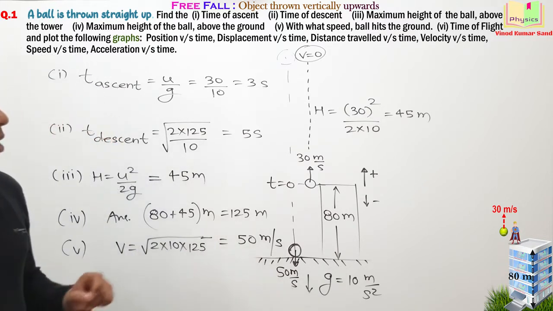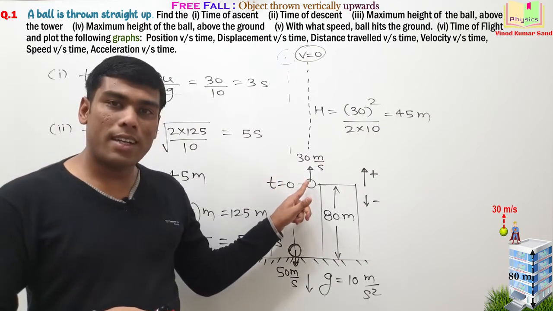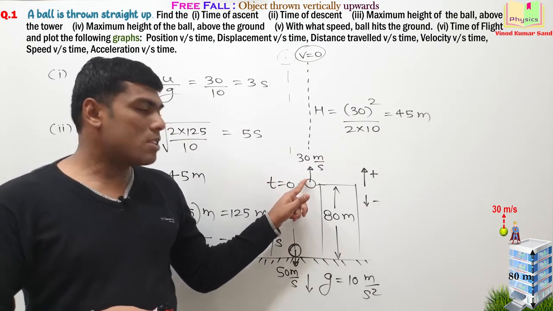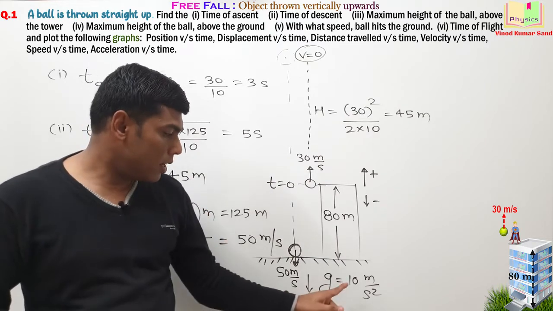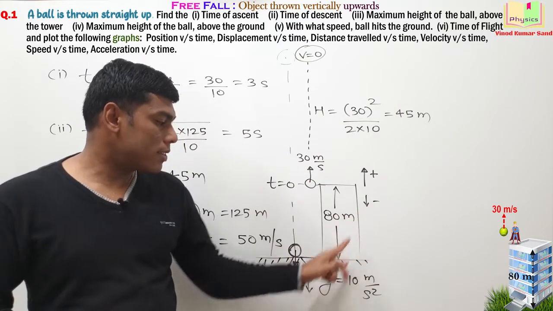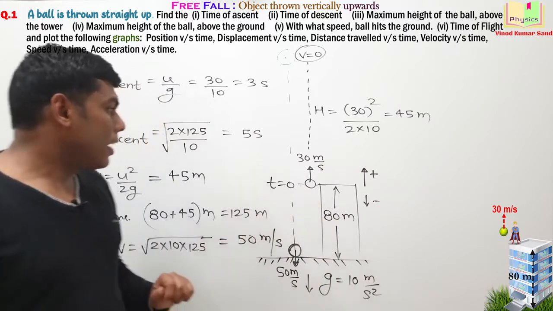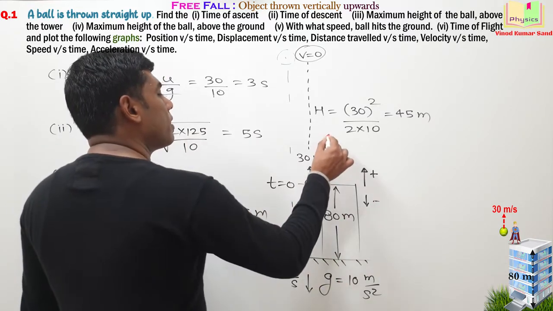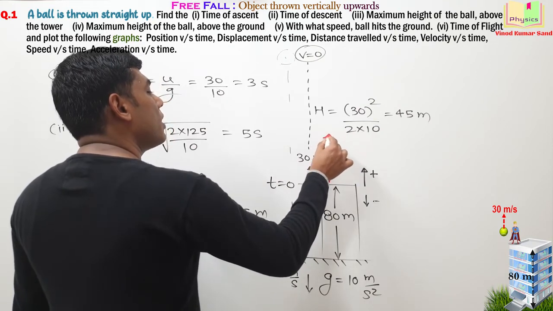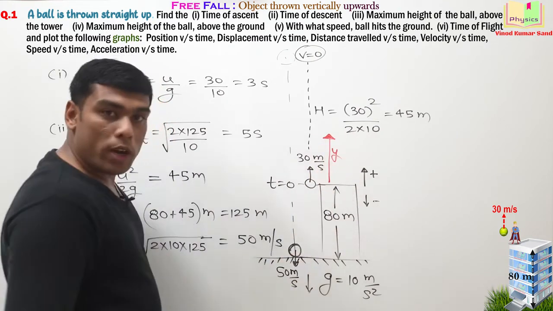The first graph is the position versus time graph. The position versus time graph will be a parabola, mouth opening downward, because the acceleration has a negative sign here. I am proving that. Suppose at any time t, we write its position as y.